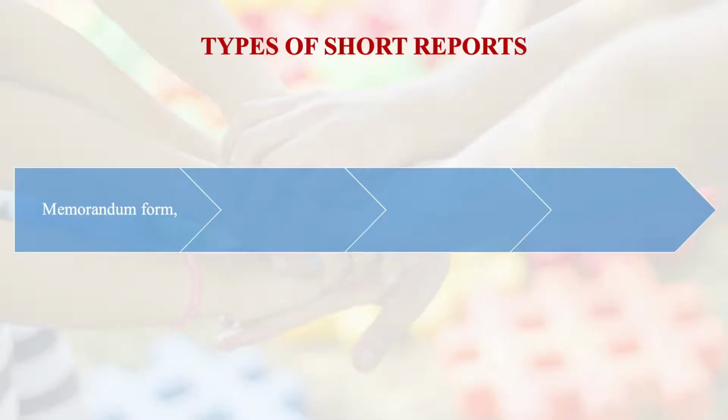So in short reports, we would just try to find out what exactly the short reports are. In this we have types of short reports which have memorandum form, minutes form, letter form, and activity reports. Now this is very, very important to understand, because it is a kind of internal communication.